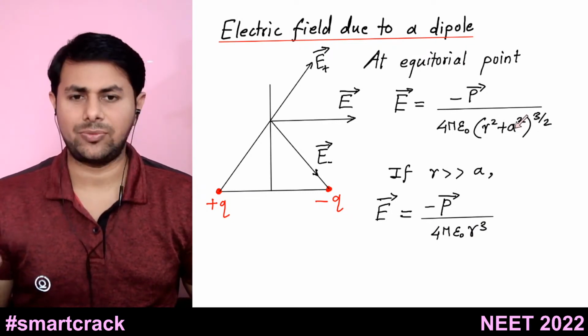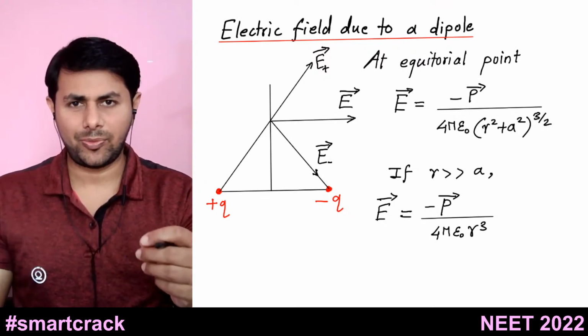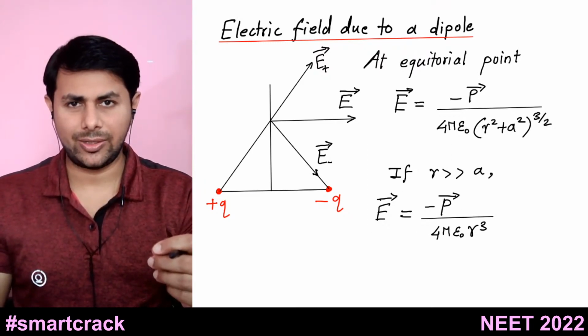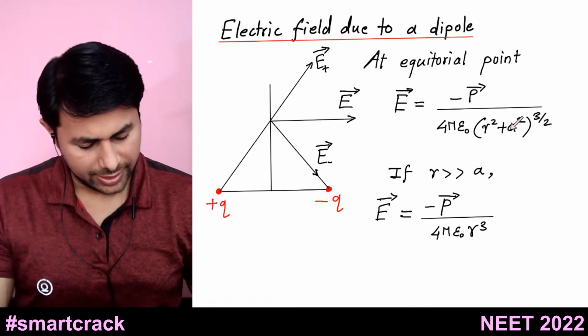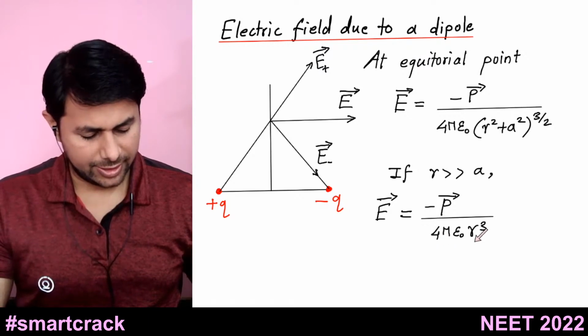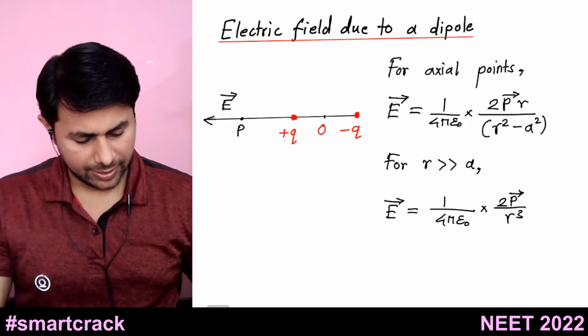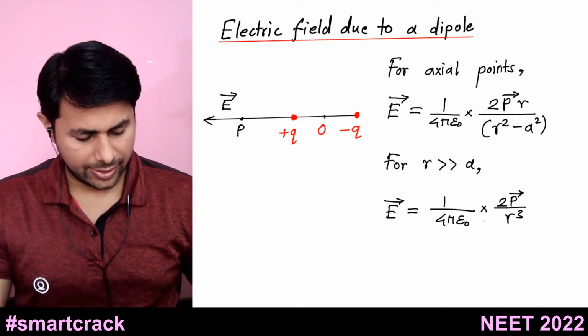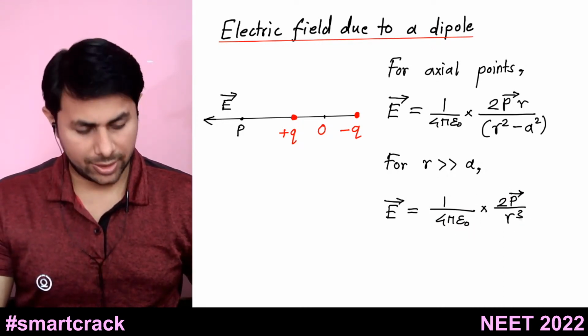where we neglect the size of the dipole. We neglect the size of the dipole because the distance of the point where we want to find the electric field is very large compared to the size of the dipole. So we'll neglect this, and what we get is this formula. If you compare these two, electric field along the axis of the dipole is 1 over 4 pi epsilon naught into 2p upon r cube.